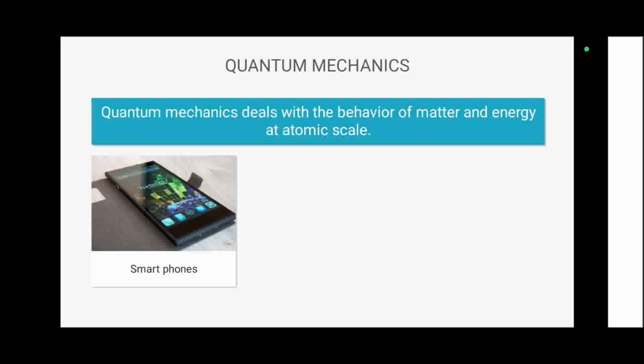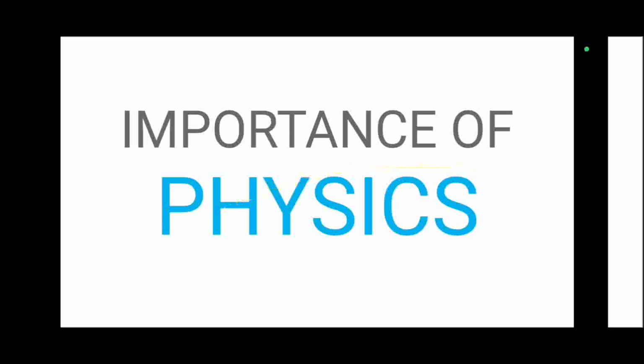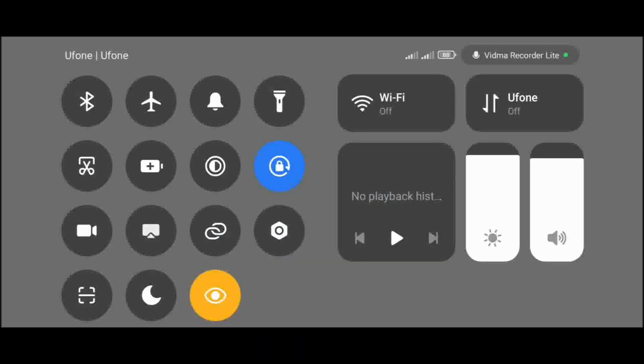And then quantum mechanics deals with the behavior of matter and energy at the atomic scale, for example, smartphones, electron microscope, and MRI. And then the importance of physics will be discussed in the next lecture.